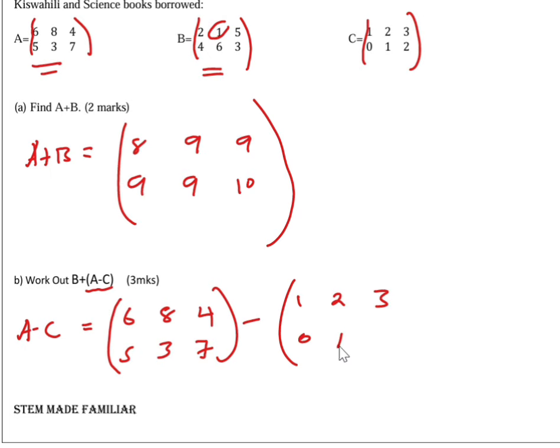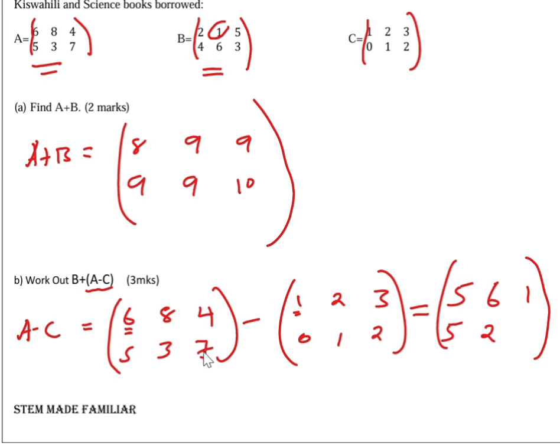We subtract the respective elements again. Just do the same as for addition. Una subtract the respective element. 6 minus 1, napata 5. Andika hapo 5. Kuja hapa 8 minus 2 is 6. 4 minus 3 ni 1. Twende chini. 5 minus 0, it is 5. 3 minus 1, 2. Then you have 7 minus 2, 5. So napata marks ya A minus C. You'll get that 1 mark.